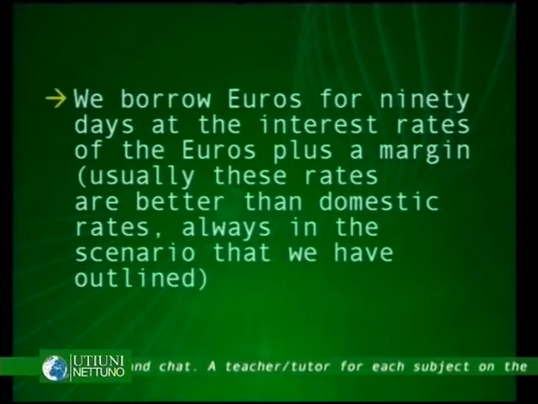Why? We borrow euros for 90 days at the interest rate of the euro plus a margin. Usually these rates are better than the domestic rate, always in the scenario that we have outlined. The scenario, as we saw, is that I'm selling coffee to an Italian company that is supposed to pay me back at 90 days.